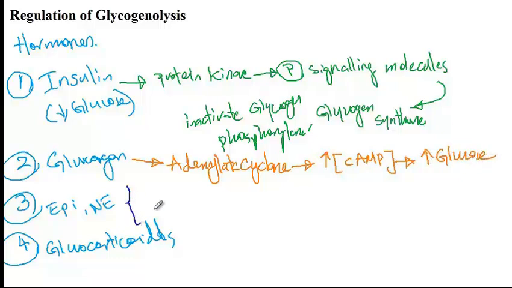Epinephrine and norepinephrine, they function by two different mechanisms. The first one is that they increase cyclic AMP concentration, and so therefore they increase glucose concentration.